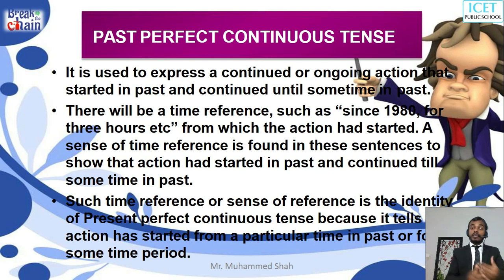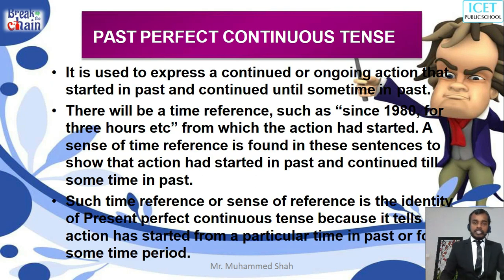I had been studying means started in the past, continued in the past and finished in the past. Now it is 2020, everything is completed, everything in the past, started long time ago, continued for some time, and finished also in the past. So such actions can be expressed in the past perfect continuous tense.